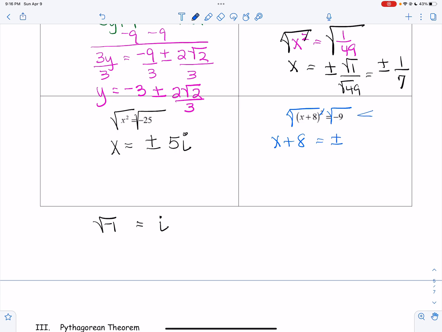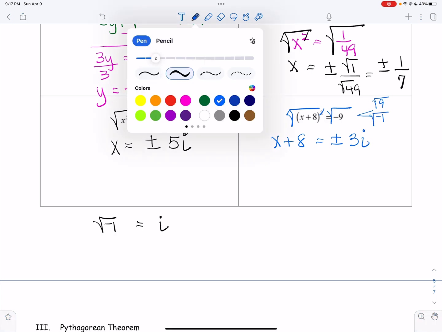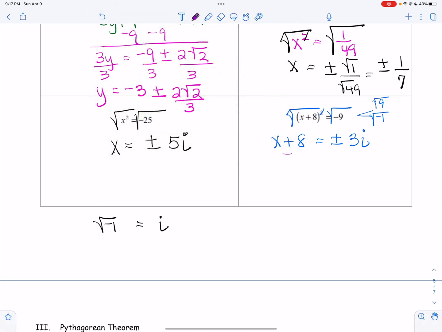Remember, this is going to break up into 9 times negative 1. And the square root of 9 is 3, and the square root of negative 1 is i. And then we can move over the 8 by subtracting. So x is equal to negative 8 plus or minus 3i.